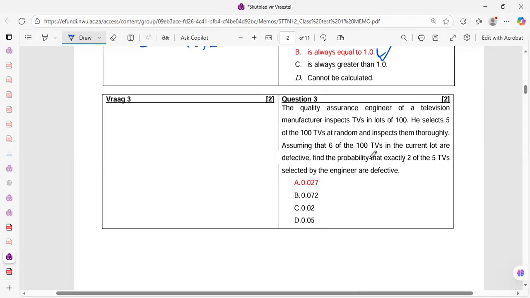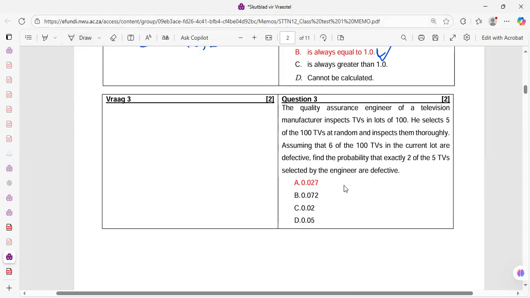Now here, guys, look at the question. Some will think that this question is difficult.